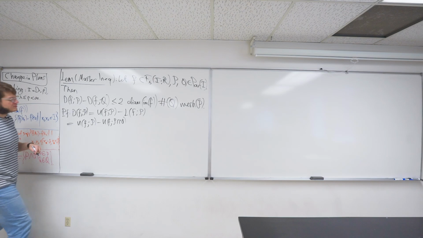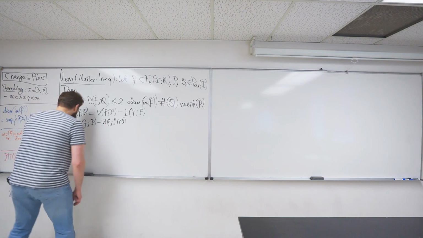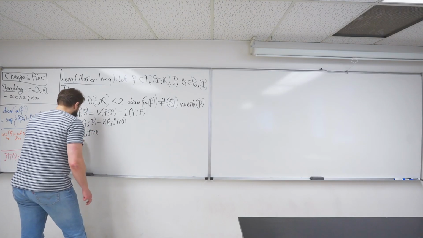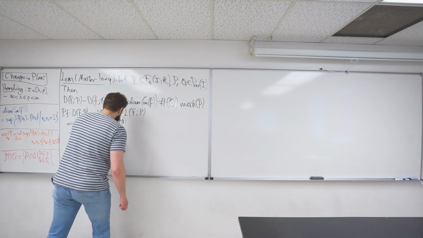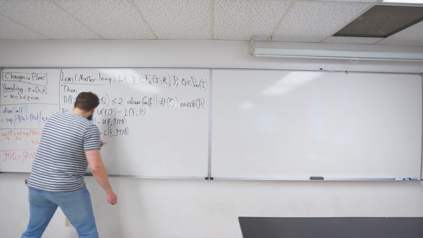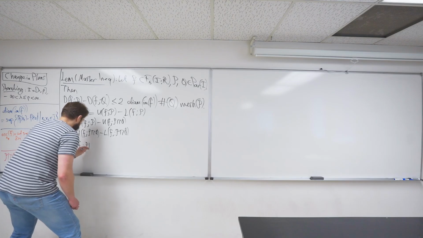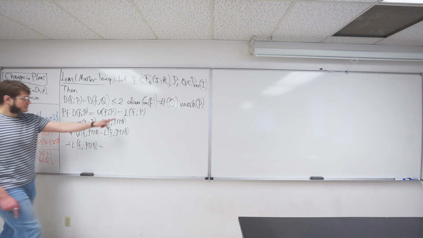I subtracted upper Darboux relative to the coarsest common refinement, so I need to add the same term. Subtract lower for the coarsest common. Add the same term. And finally, I have this guy.